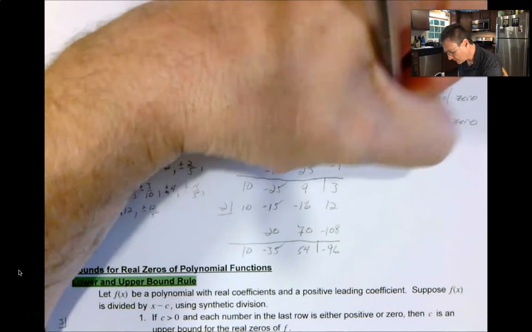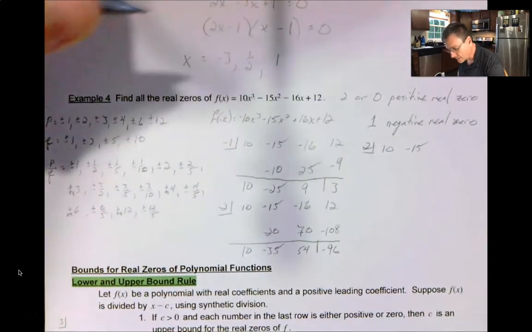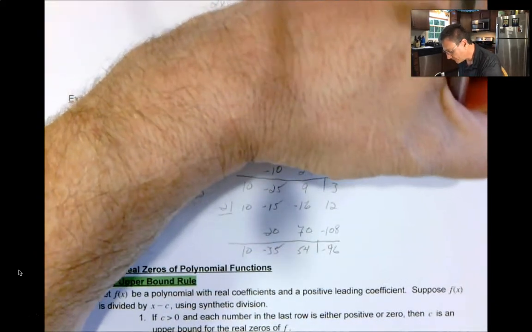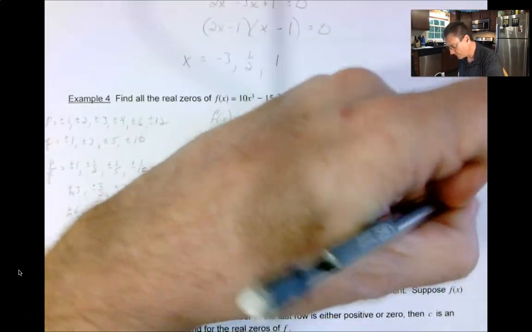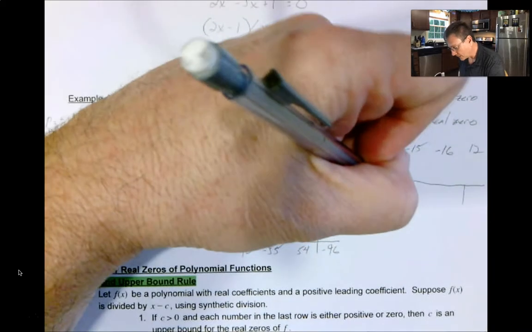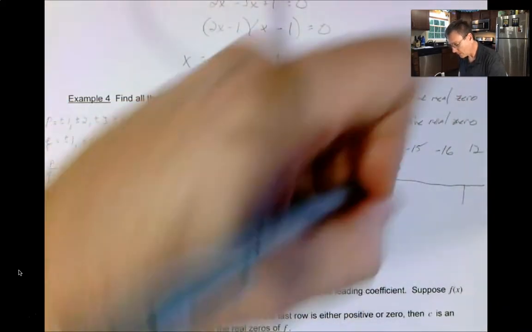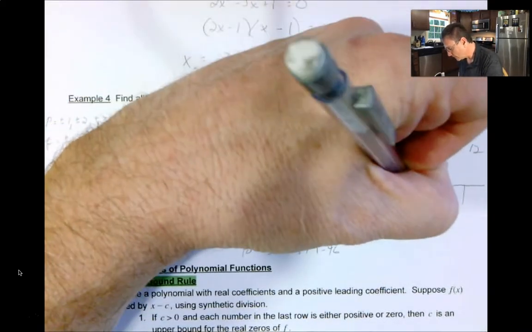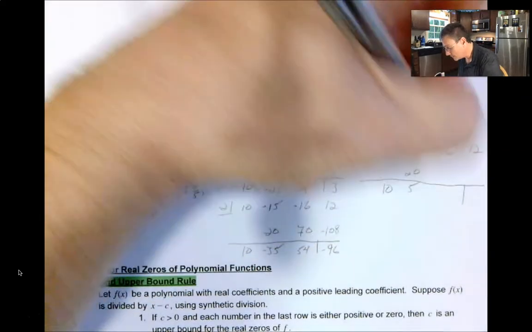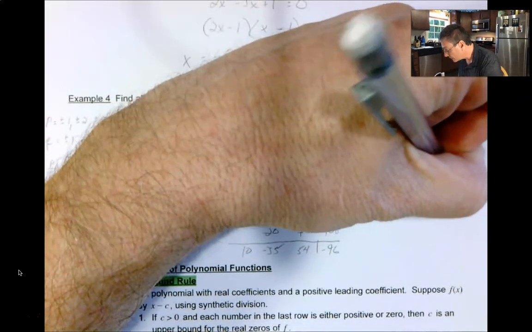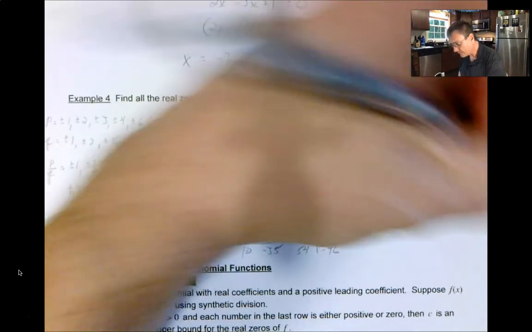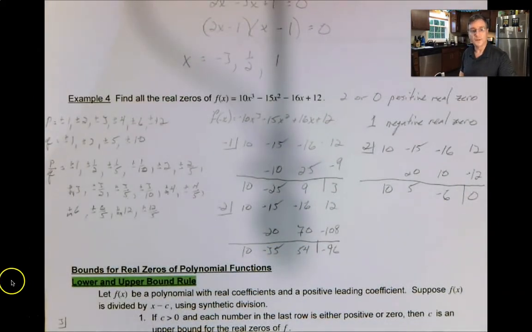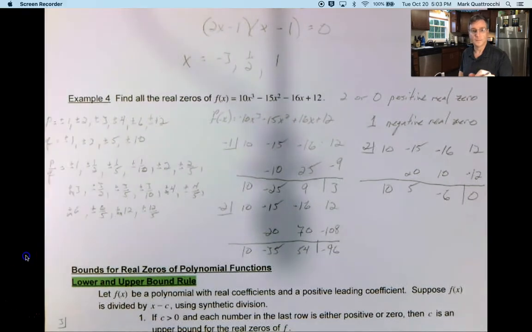10, negative 15, negative 16, positive 12. Bring down the 10, 20, 5, 10, negative 6, negative 12, 0, and I have found my first 0.